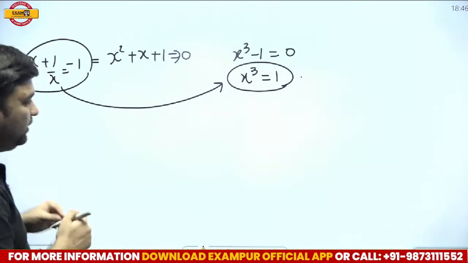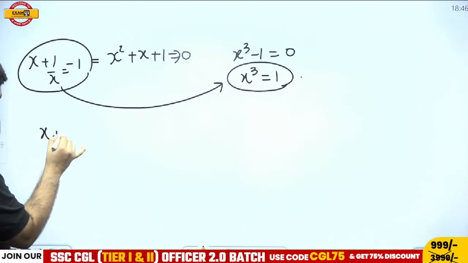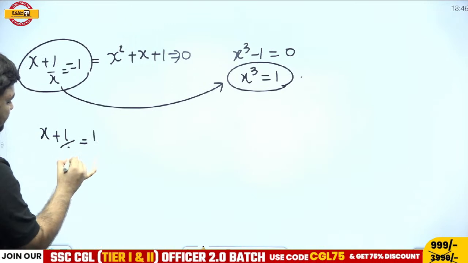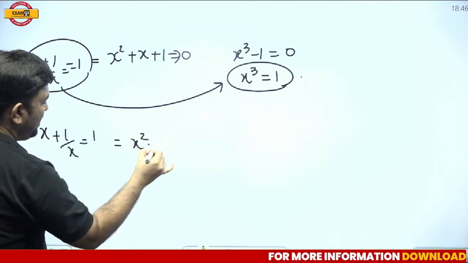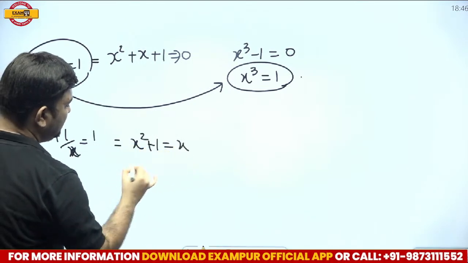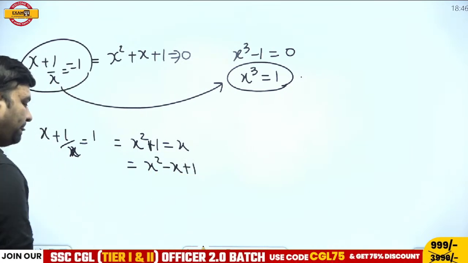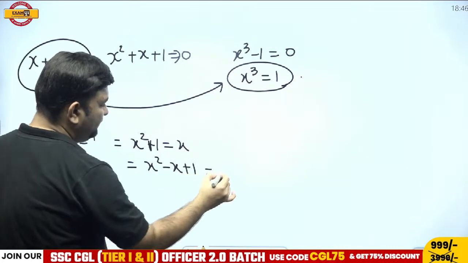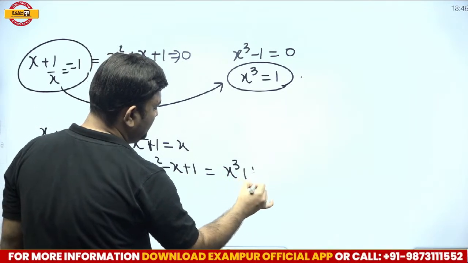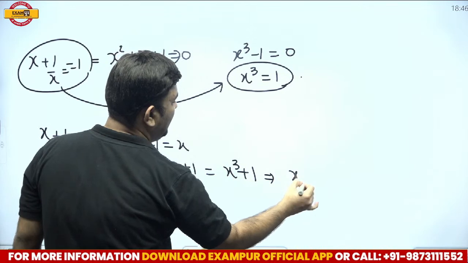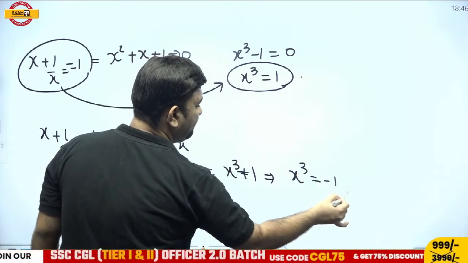Now try for x plus 1 upon x is 1. So it will become x square plus 1 is equal to x, which will become x square minus x plus 1, which is a factor of x cube plus 1. So here x cube is minus 1.